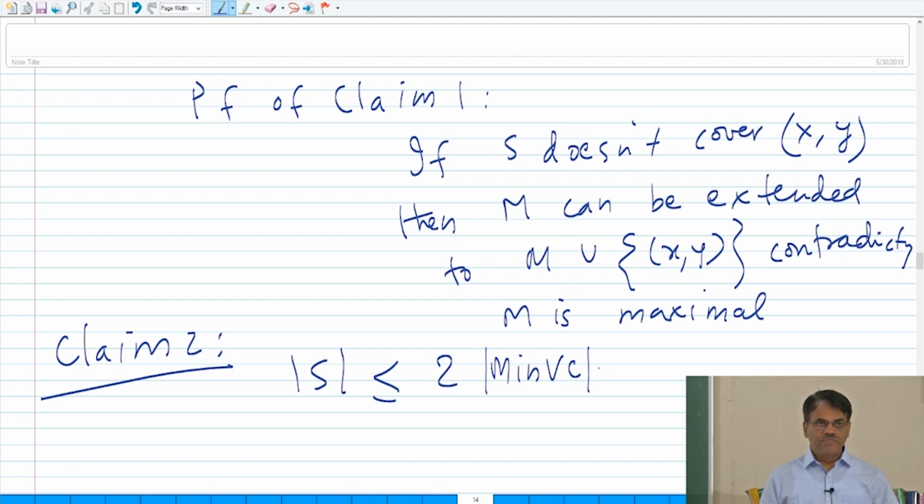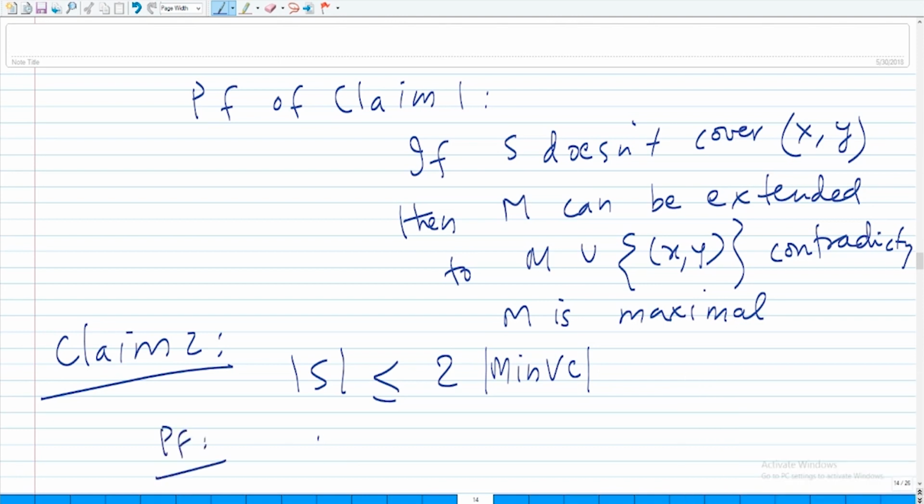Because M is a matching. What do we know about the connection between minimum vertex cover and the size of a matching? Minimum vertex cover is greater than or equal to the size of any matching.